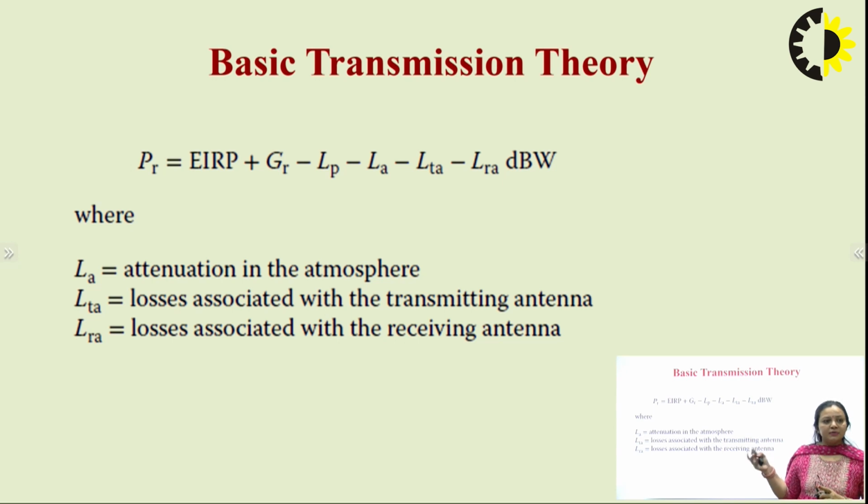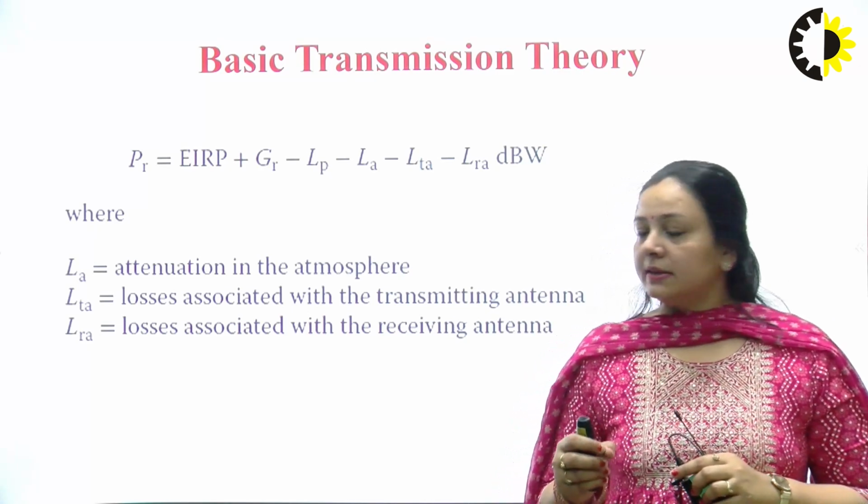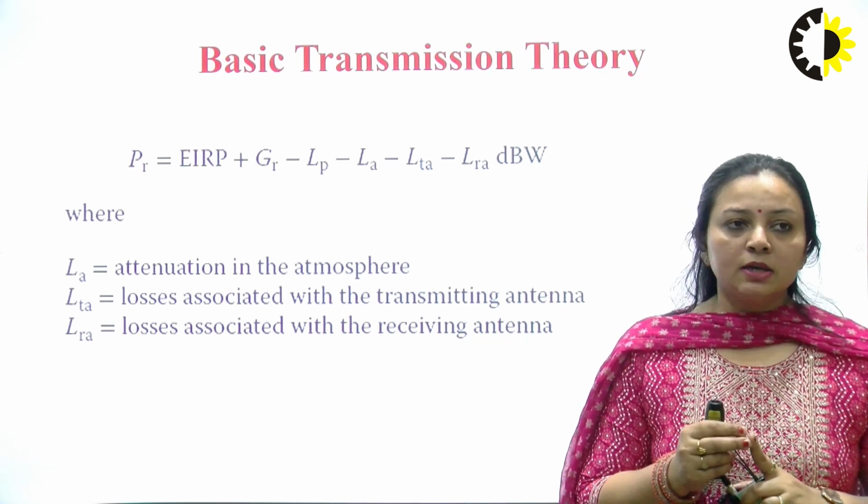LP is the path loss, LA is attenuation in the atmosphere, LTA is losses associated with the transmitting antenna, and LRA is losses associated with the receiving antenna. When you transmit information through free space, these losses can account for the data. So we have considered all these losses. The link equation is the combination of your EIRP, gain and the losses.